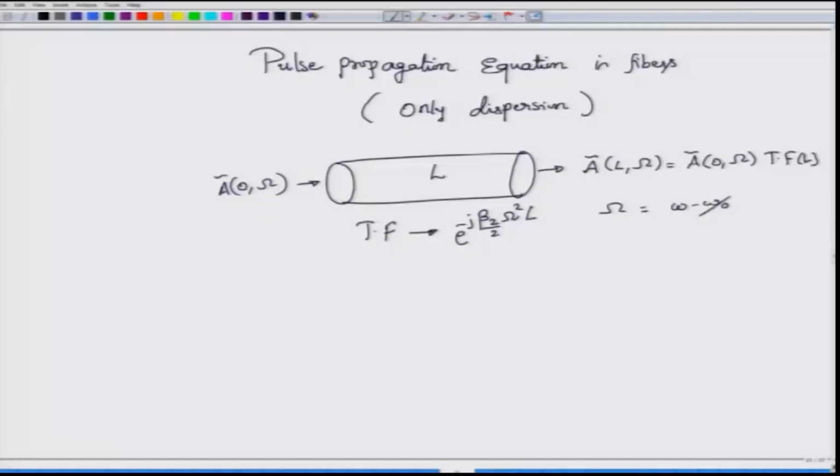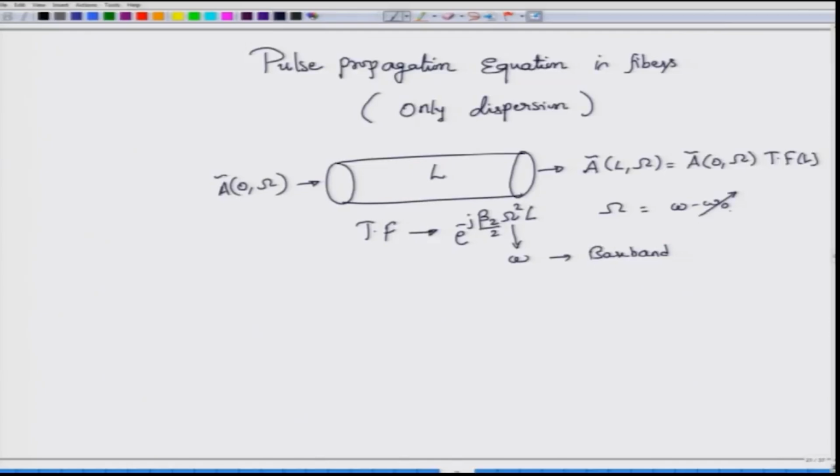I am going to assume that omega 0 is equal to 0 and simplify the notation. Instead of the capital omega, I will now use the small omega, which will represent the baseband frequency. Of course, if you want to know what is happening at the carrier frequency, you simply take the output Fourier transform and translate it by omega 0 to move the spectrum from the baseband to the pass band.